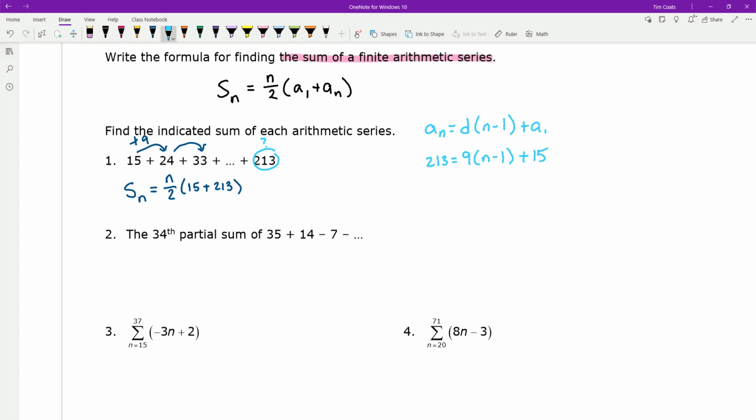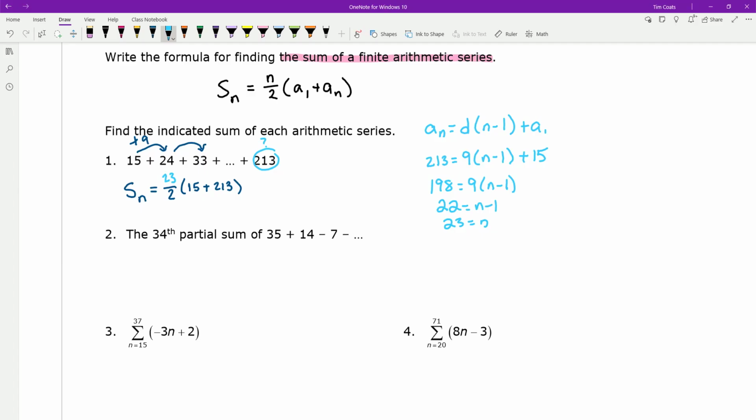So you do a little algebra there, right? You would have subtracted your 15, get 198, divided by 9, and minus 1. Okay, that's 22 then. So 23 equals n. Well, now that I know that, I can take that n and replace this, and now we have our completed formula.